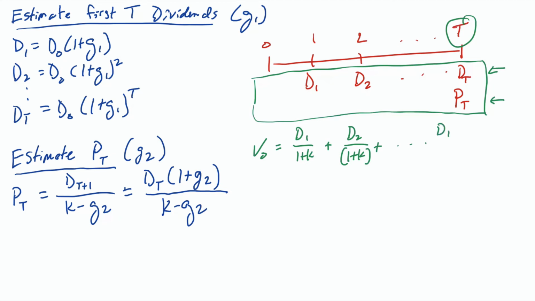So we'll say D_t divided by 1 plus k to the t, and then plus P_T also divided by 1 plus k to the t.